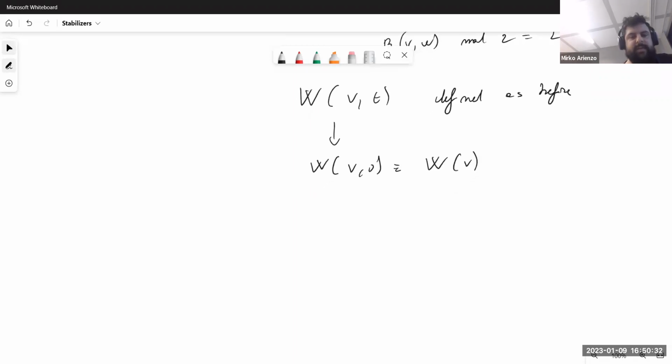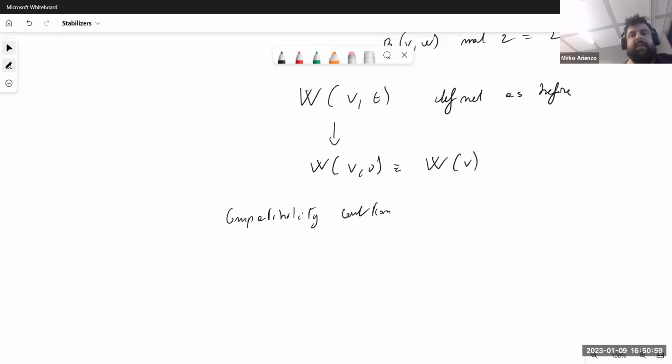These phases are basically coming from the fact that one has to satisfy a compatibility condition.